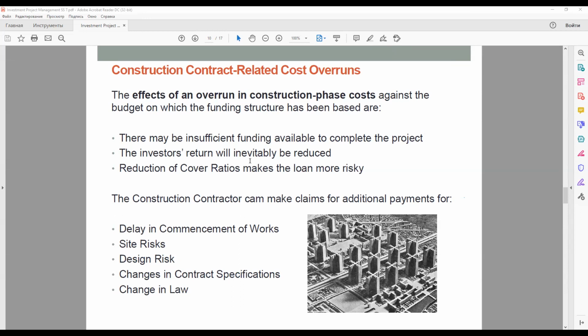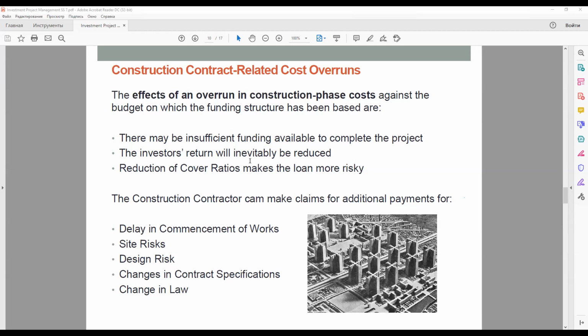Having said all this, there is strong evidence that the level of overruns and other problems with construction contracts which meet project finance lender requirements is quite low, despite construction often being considered the high risk phase of a project.